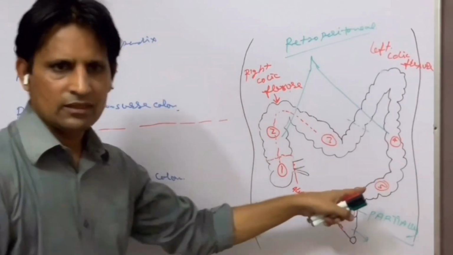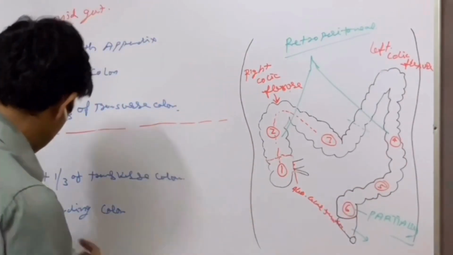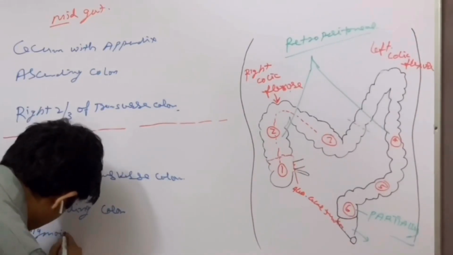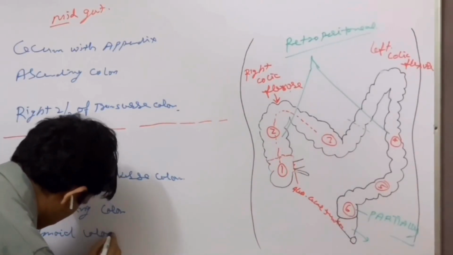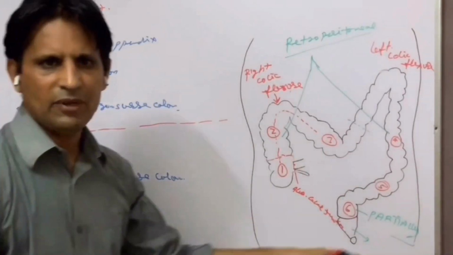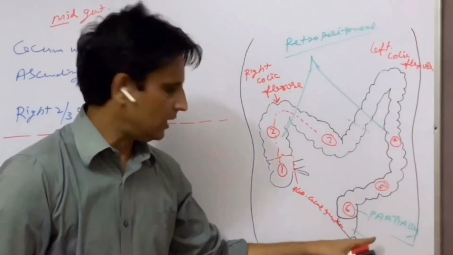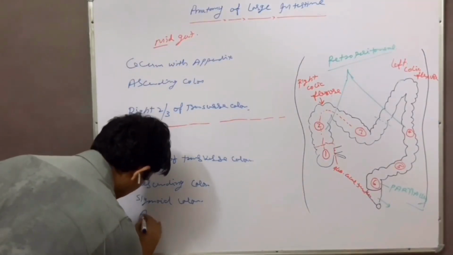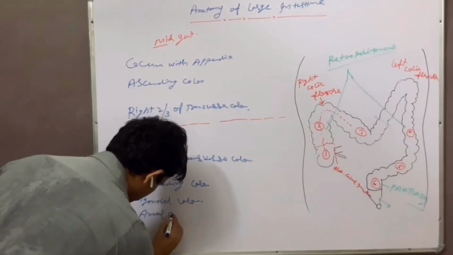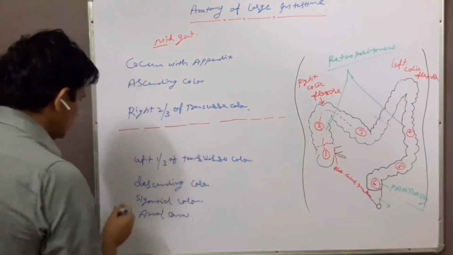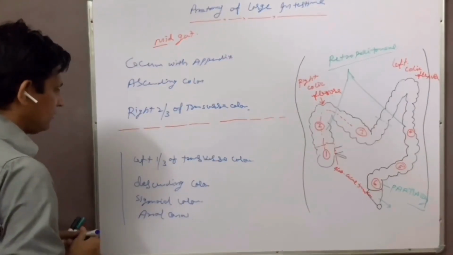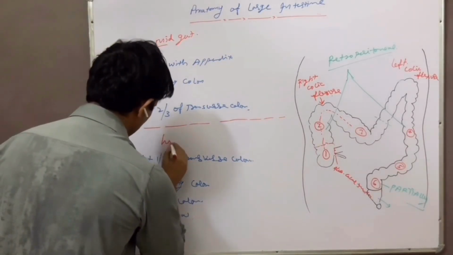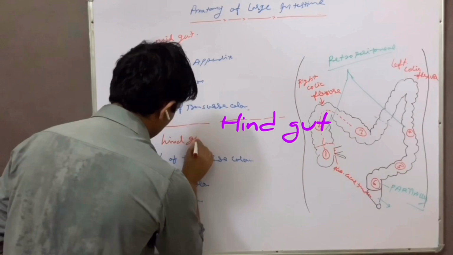The remaining are the rectum and anal canal. So these parts are derived from the hindgut.